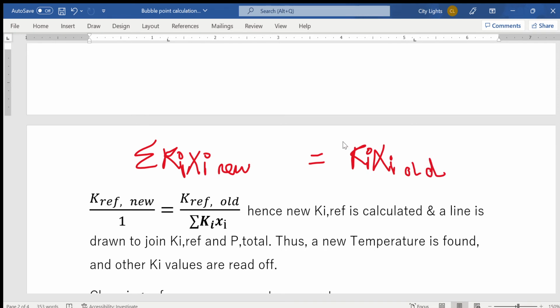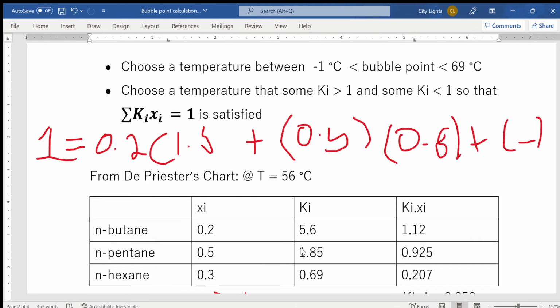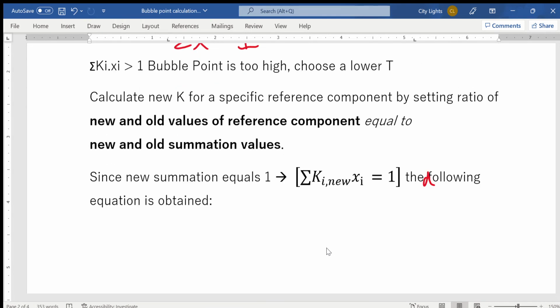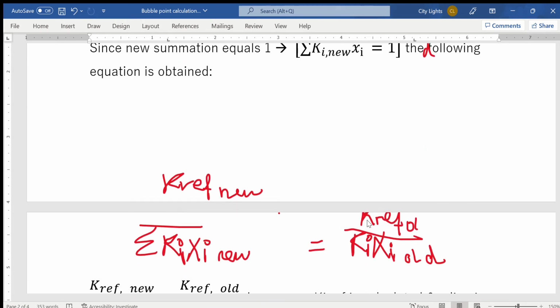Now what we're doing is we have a k reference, which is one component that we've picked out, and then we have a k reference new and a k reference old. So let's say over here I've picked out pentane as the specific reference component, and I calculated this value.